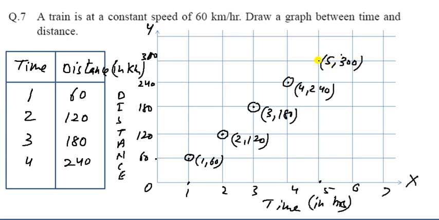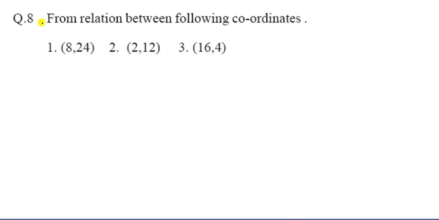Now in the fourth hour, the distance is 240. And in the fifth hour, it is 300, that is 5 and 300. So these are the plotting of the points in pairs. Always remember these points are represented in pair form.